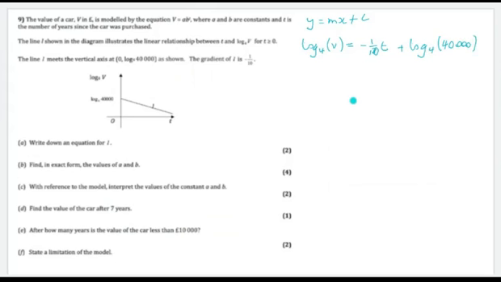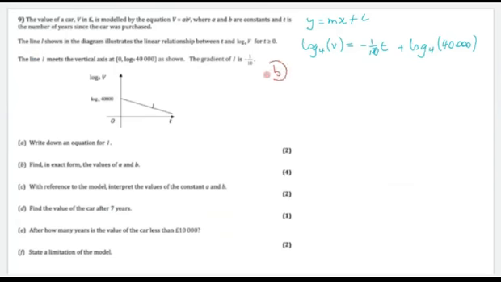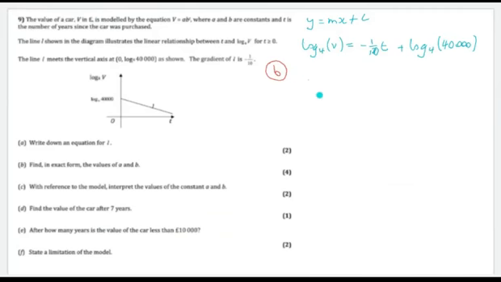Okay, so part B. Find in exact form the values of A and B. Okay, so we have V equals A B to the power of T. So what we can do here is take logs of both sides.